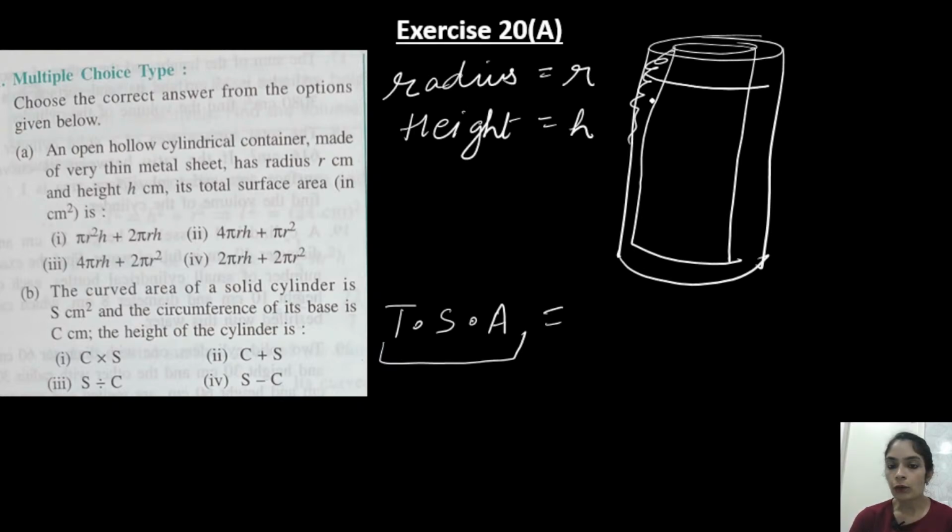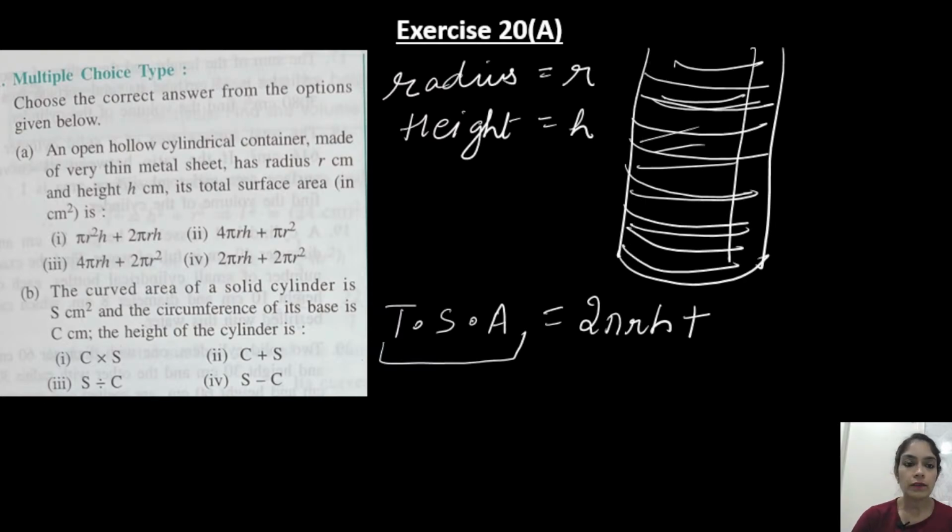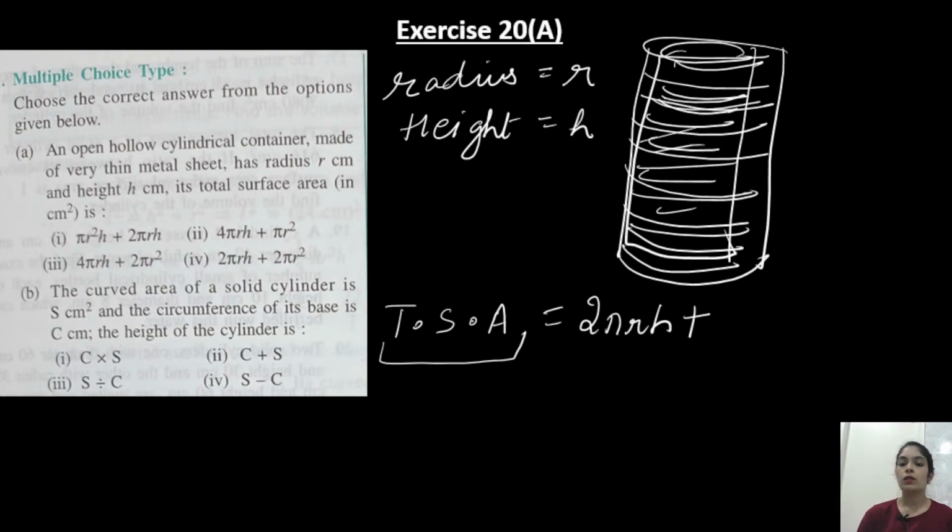So here, the outer curved surface will come. The curved surface area of a cylinder is 2 pi rh. Then inside also, because if some container is open, like your water bottle, you can see the inner curved part too. Because thickness is not there, that part will also be there.